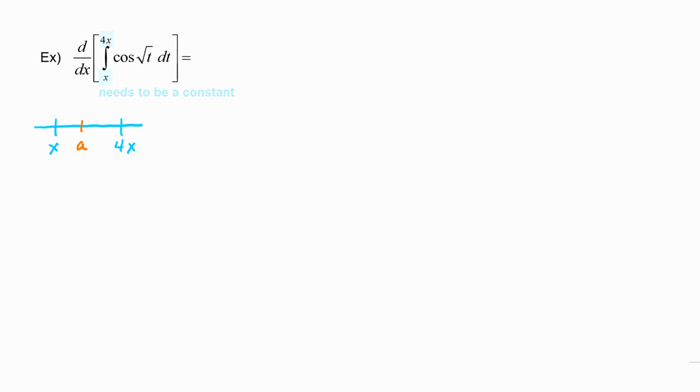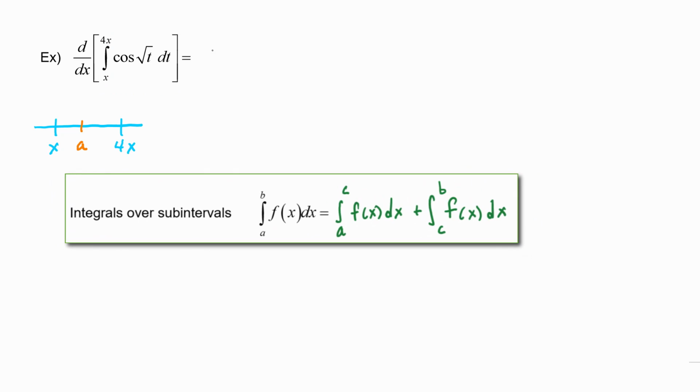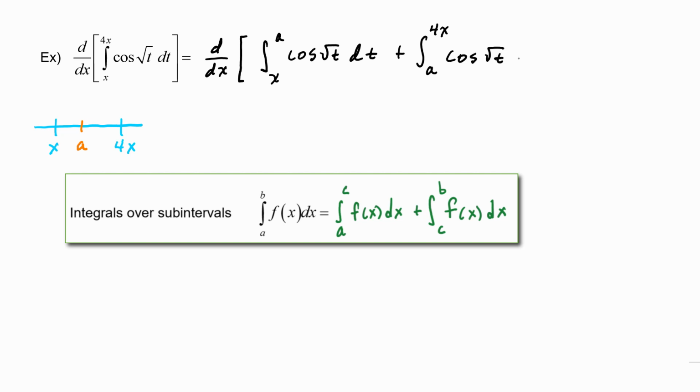Then what we can do is break this up into the derivative with respect to x of the integral from x to a of cosine radical t dt plus the integral from a to 4x cosine radical t dt. Close the big bracket.